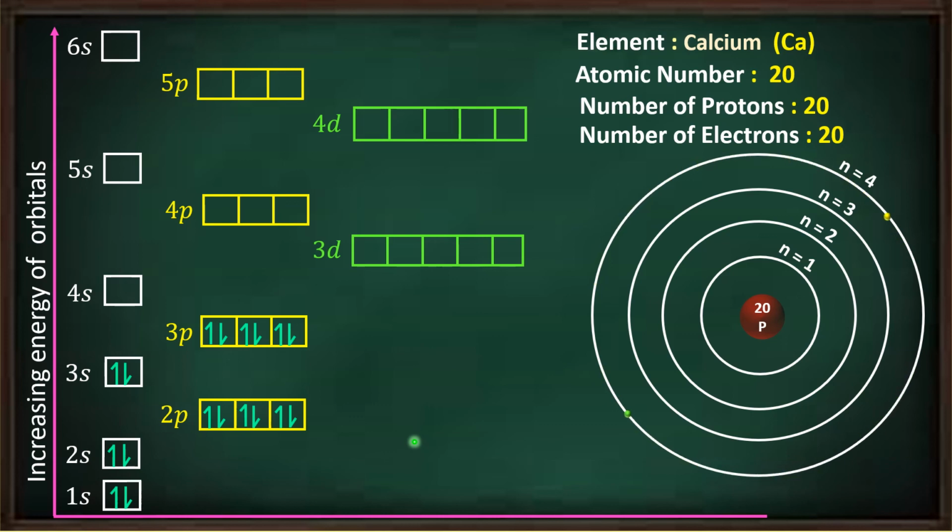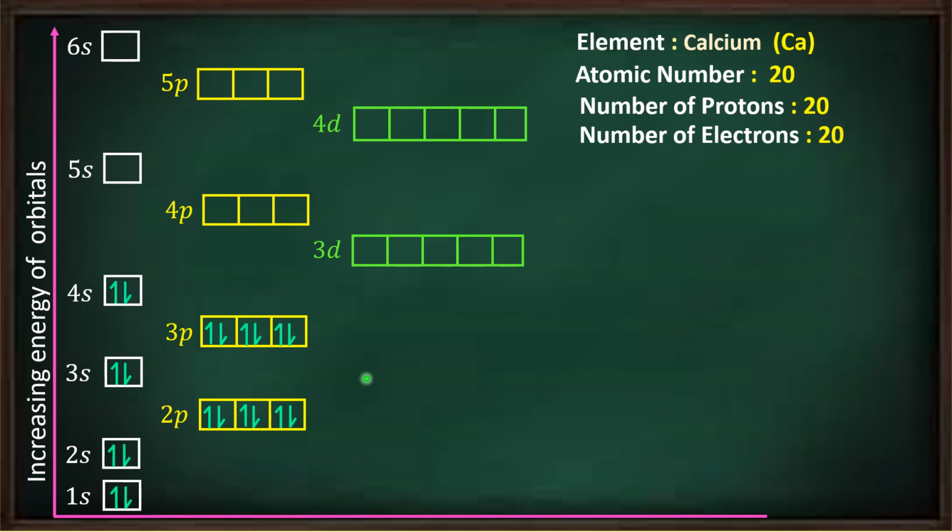Still 2 electrons are there. So 19th electron enters into 4s instead of 3d, isn't it? The energy of 4s is less than 3d. So 19th electron enters into 4s orbital, and the last electron, that is the discriminating electron, enters into 4s orbital and pairs up with the electron already there in 4s.